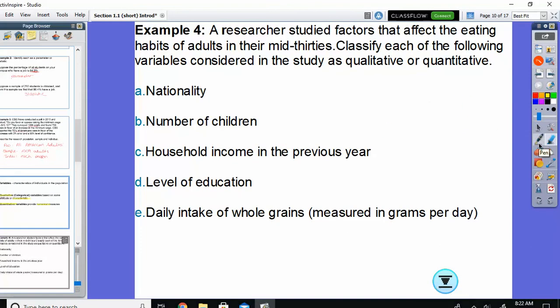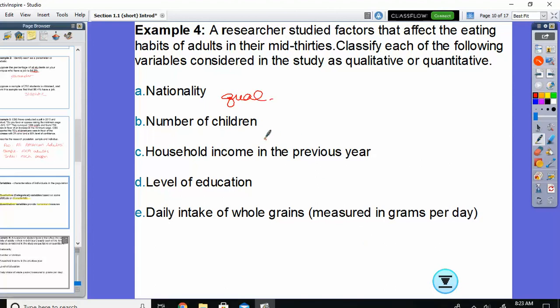A researcher studied factors that affect the eating habits of adults in their mid-30s. Classify each of the following variables as qualitative or quantitative. All right, so nationality, is that qualitative or quantitative? Qualitative. I'm just going to abbreviate.